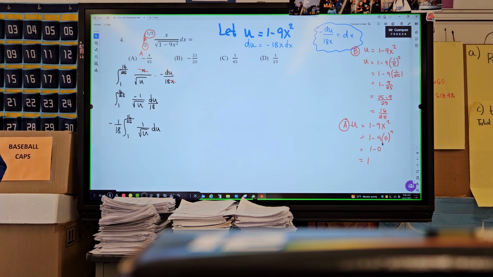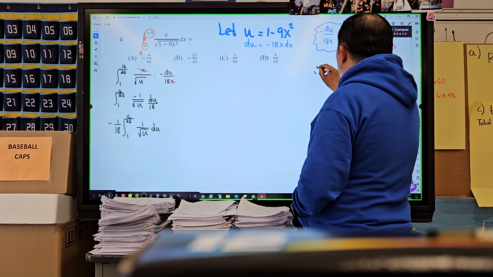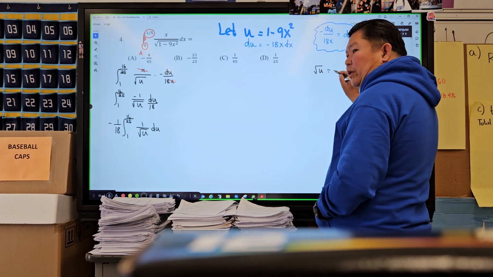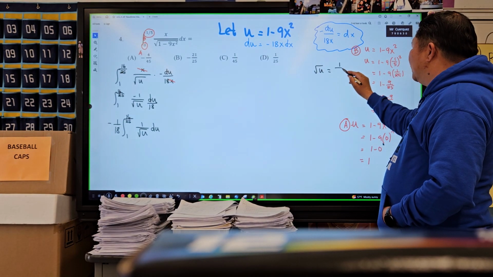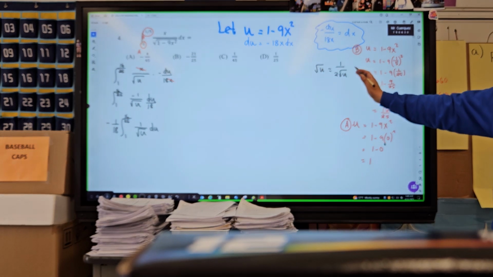Now remember, the derivative of square root of u is 1 over 2 square root of u. This is very important, guys.